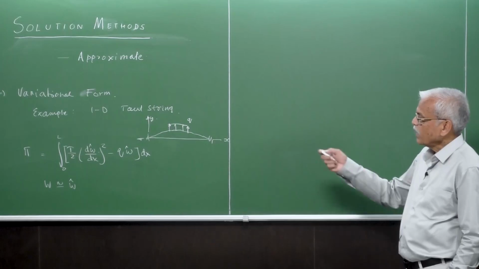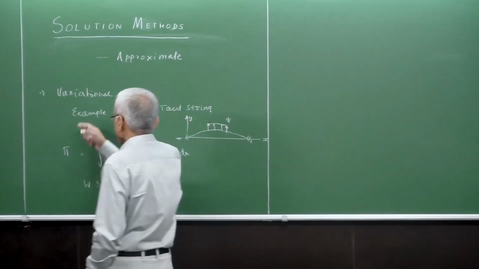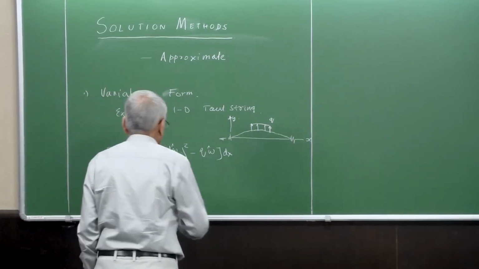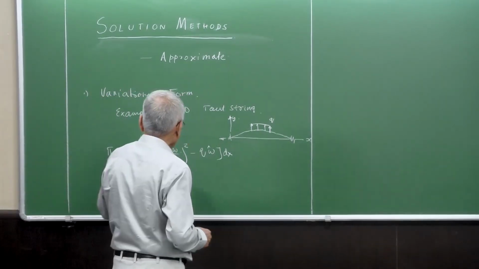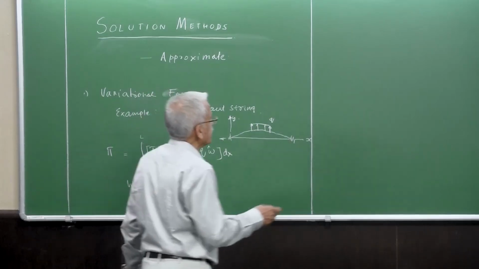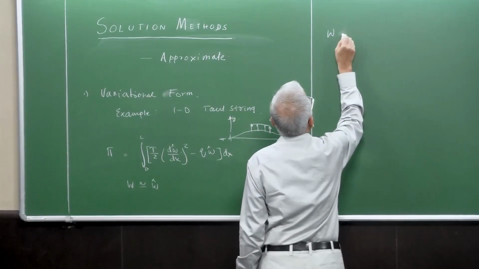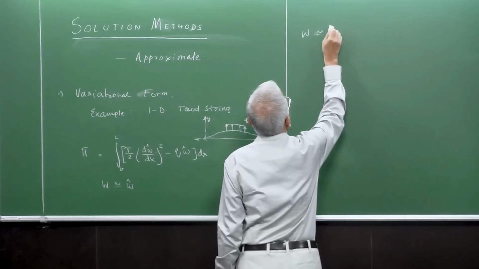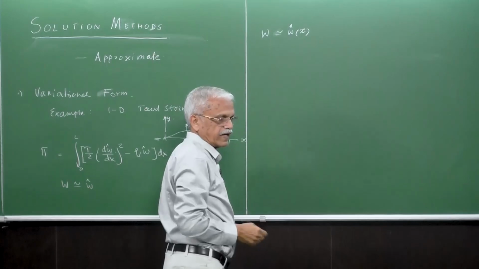So let's try to get the solution from this formulation. To do this, we need an approximate solution for W. So W is approximated as W hat, which is a function of x.